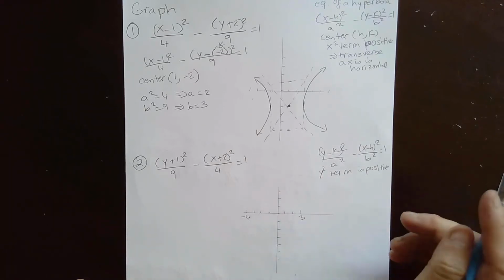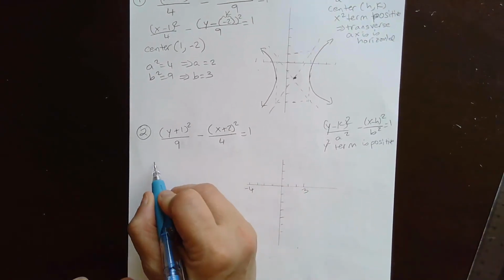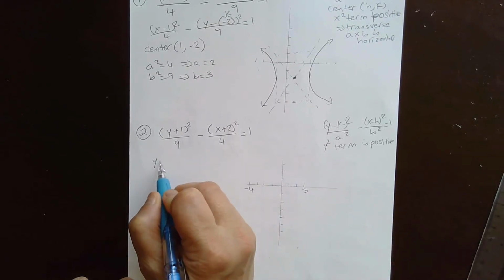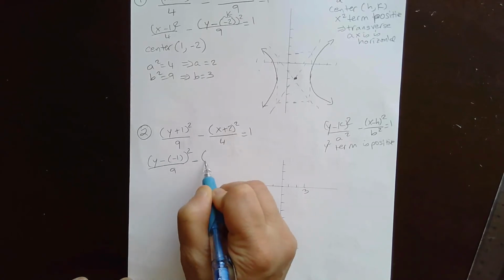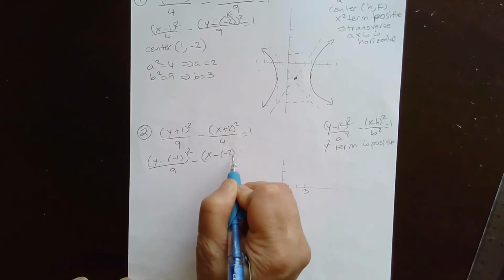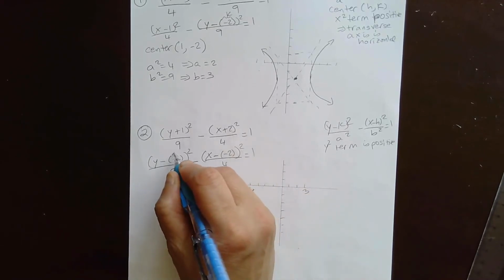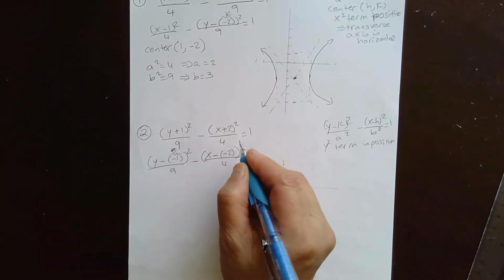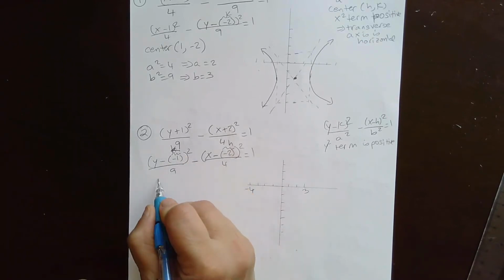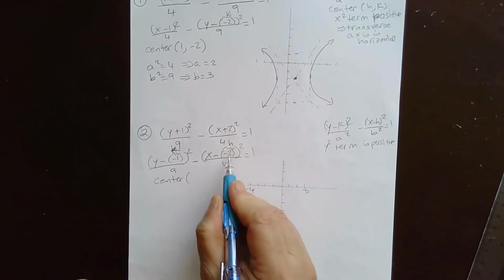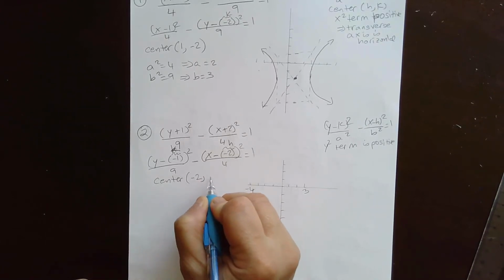Okay, so in this case, rewriting this to make it (y - (-1))² over 9 minus (x - (-2))² over 4 equals 1. So this one would be your h right here, and this one would be your k, and the center would be h, which is negative 2, and k would be negative 1.